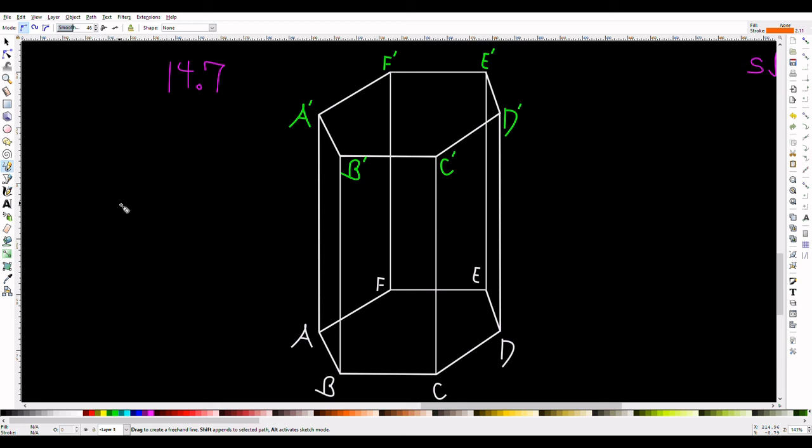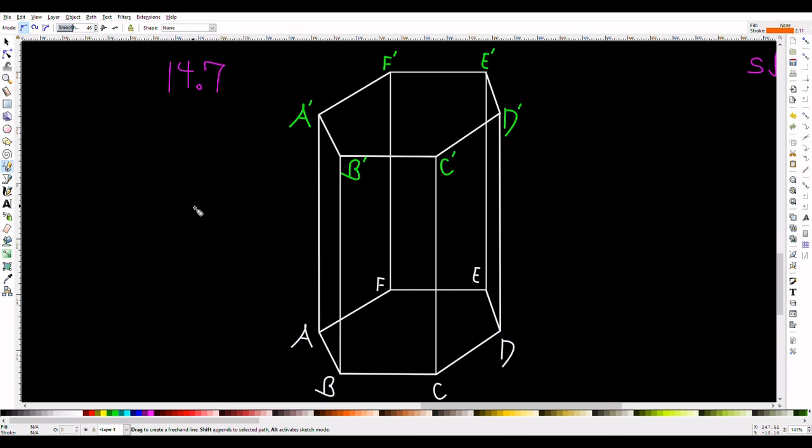That apostrophe mark is read as the word prime. So on the bottom we have A, on the top we have A prime. On the bottom we have B, on the top we have B prime. And I've even color-coded them so that you can see they are clearly different. And that's helpful to use the same letter twice because it indicates to us that this point is the equivalent point on the congruent shape.